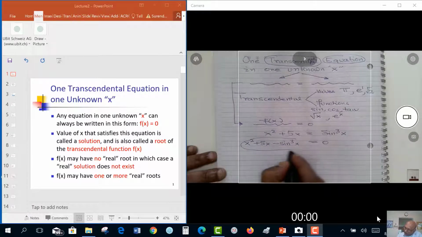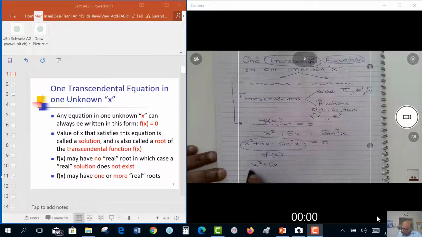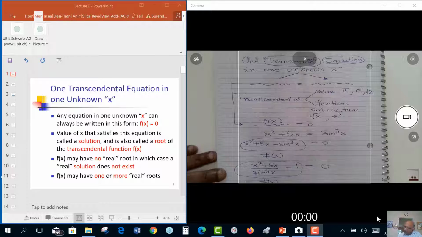So this becomes our function of x. Another way we can do it is we can take x squared plus 5x, divide both sides by sine cube of x. Now right hand side is 1, so we subtract 1, and this too is a function of x. But these two functions are different functions.